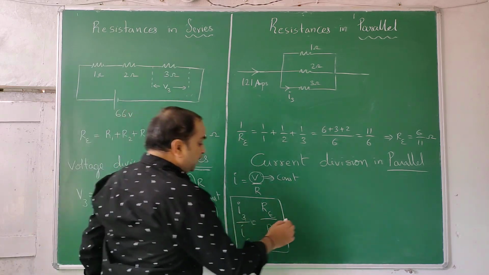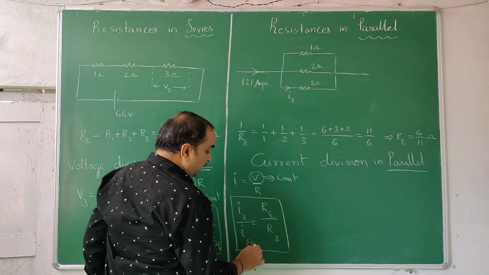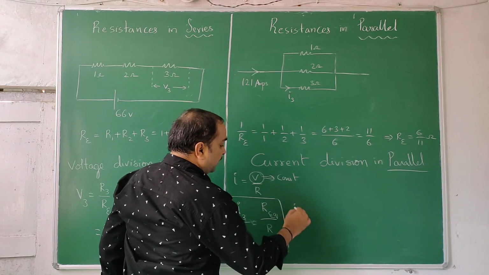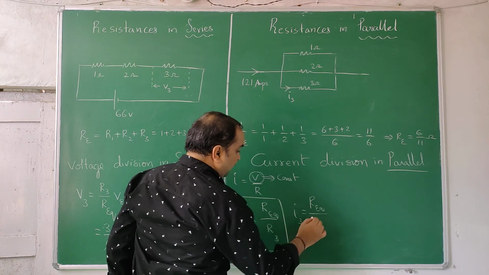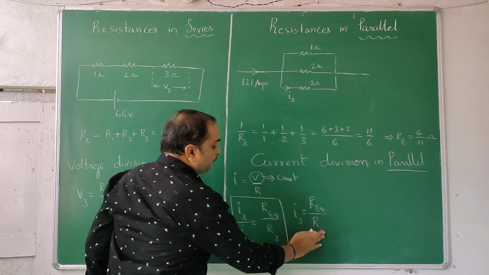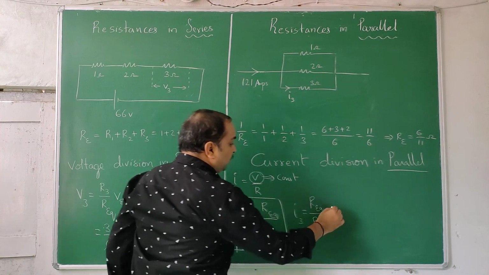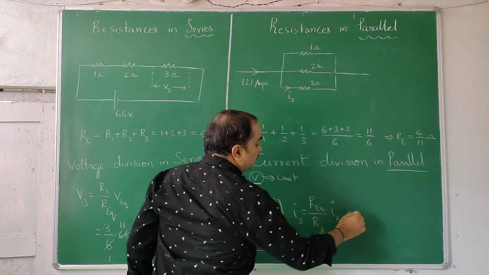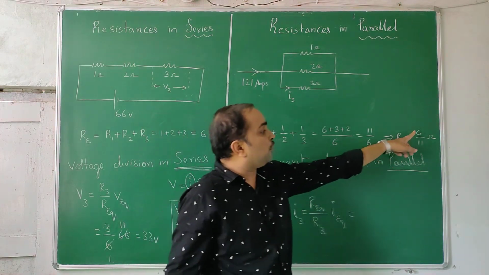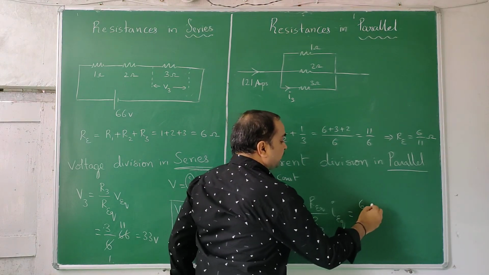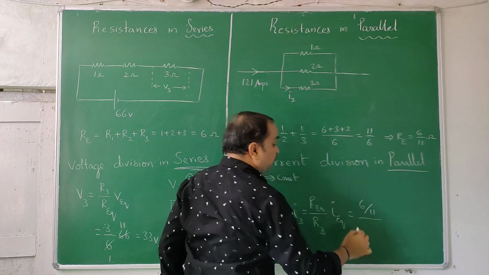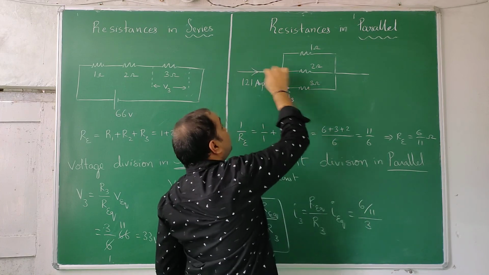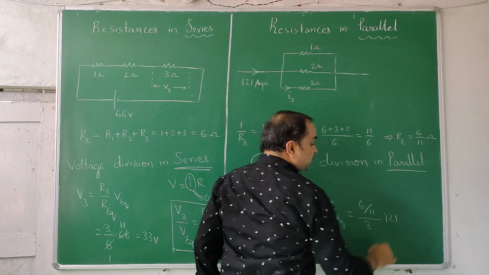Similarly, I cross multiply this here. I3 is equal to R equivalent by R3 into this I equivalent. So what is R equivalent? We already found out, 6 by 11, divided by R3, specifically that resistance 3 ohms, into the equivalent current, which is coming like this, 121 amperes.